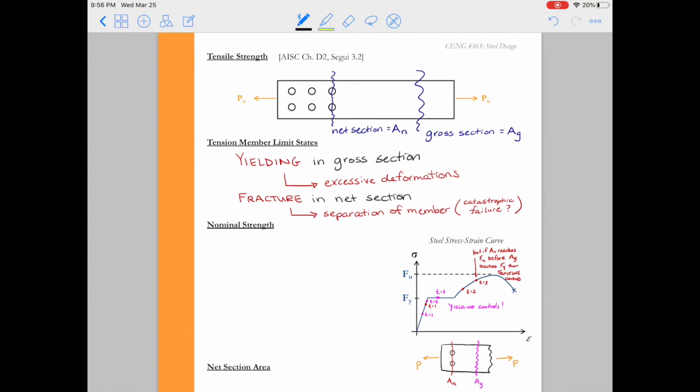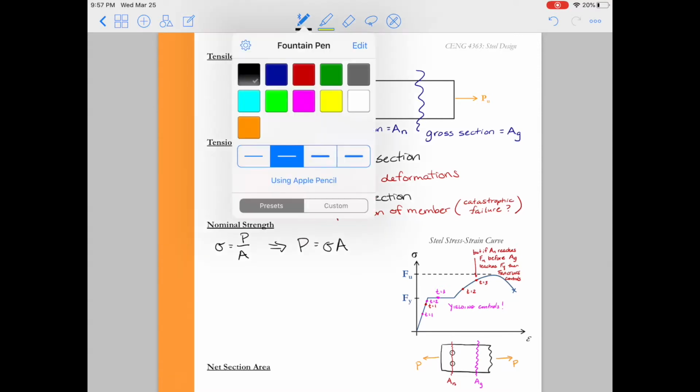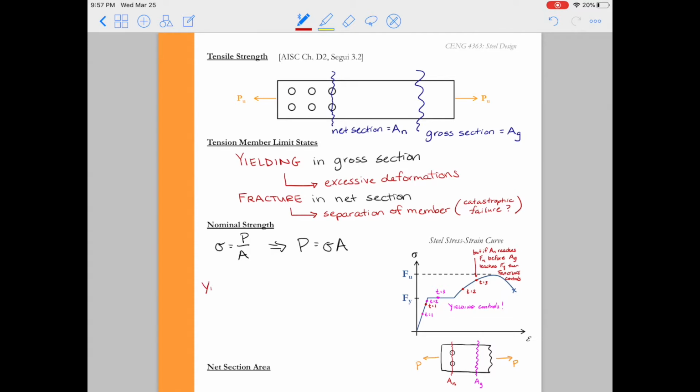Now we have to come up with some expression for Pn. I want to refer back to the steel stress-strain curve, and right when we go back to elementary mechanics, stress is equal to P over A, so I can rewrite that as P is equal to the stress times A. So that's going to be the basic formula that we're going to use to come up with the yield capacity and also for the fracture capacity. Basically, a stress times an area will give us a force. So for yielding, we're concerned about yielding in the gross cross-section.